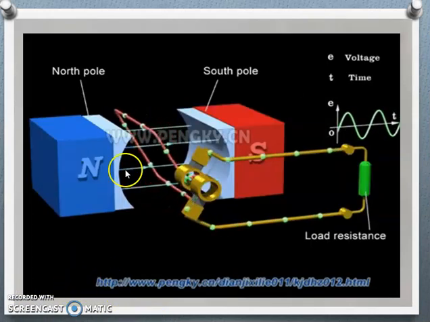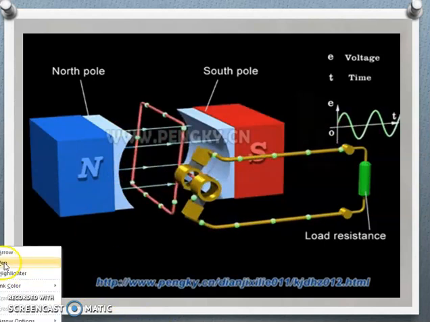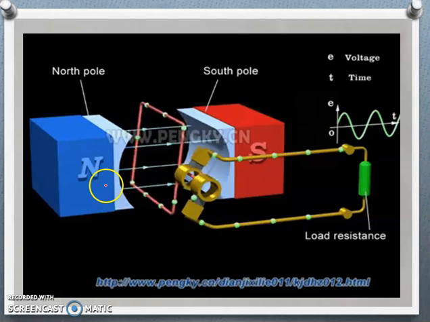Then we have already discussed how the single-phase AC waveform is generated. We have this magnet and this conductor placed in between the magnetic field. Okay, this is the north pole, this is the south pole, and we rotate this conductor with the help of external force. Okay, and when the 3 conditions are satisfied, we get the EMF.